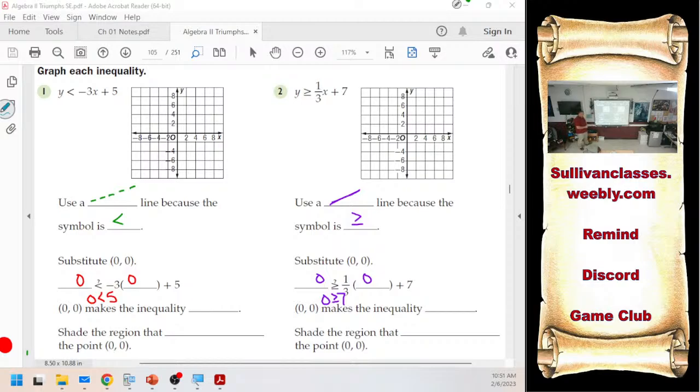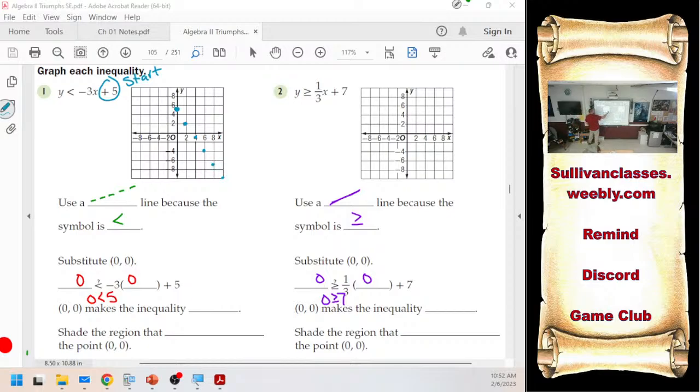Looks like most of us got the first two. We're on to the second two. Okay, you got to be careful with one.